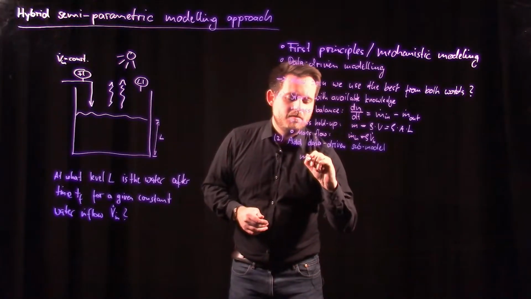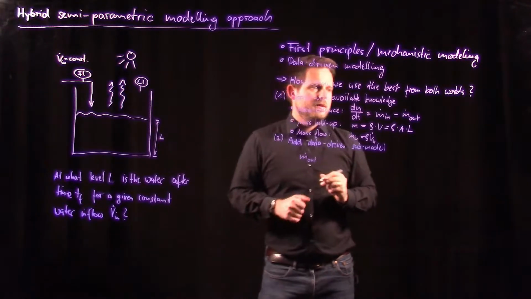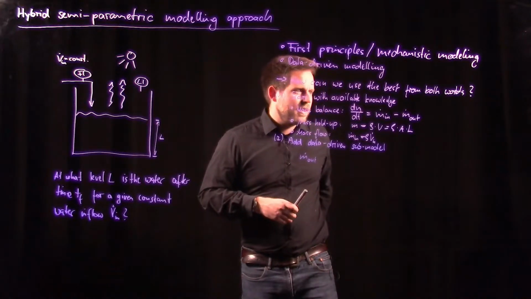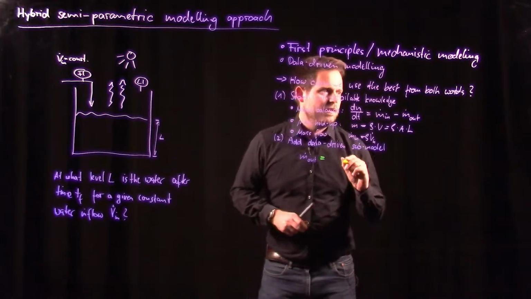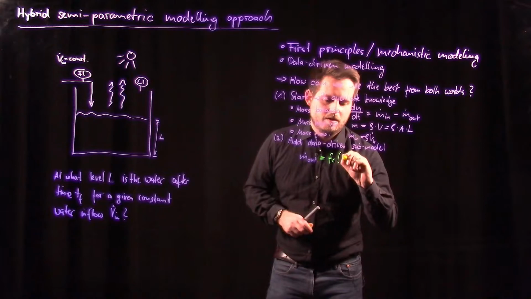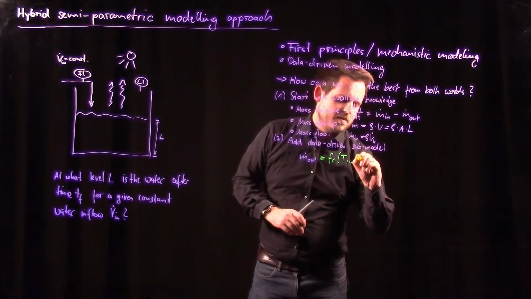And we could say maybe my m dot out equates to my data-driven model part, which we could call F1 from T, and this might depend on the temperature here, but also maybe some other things.